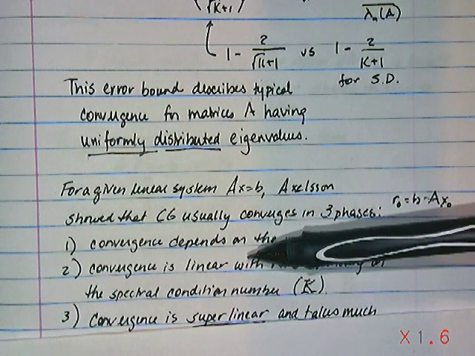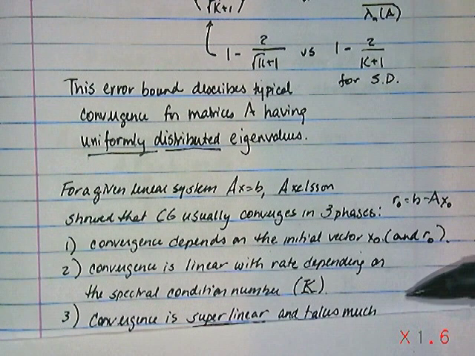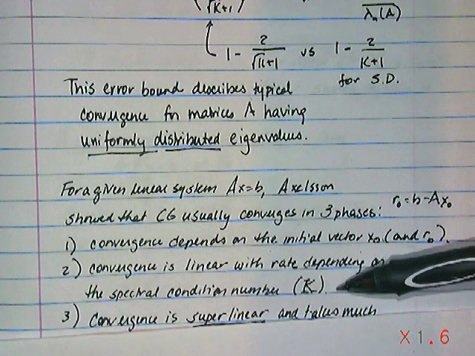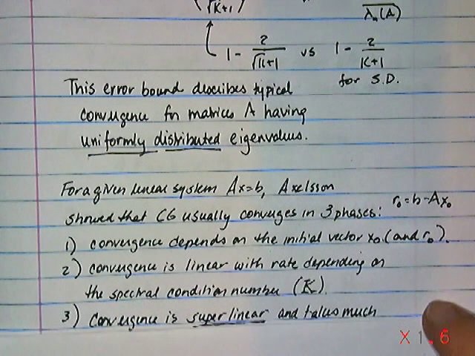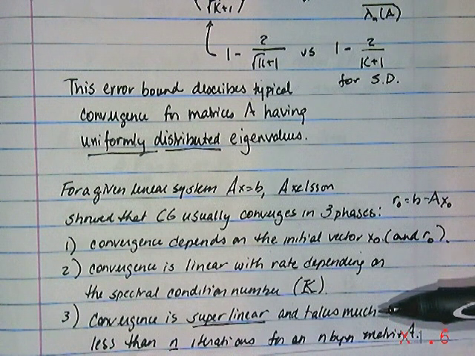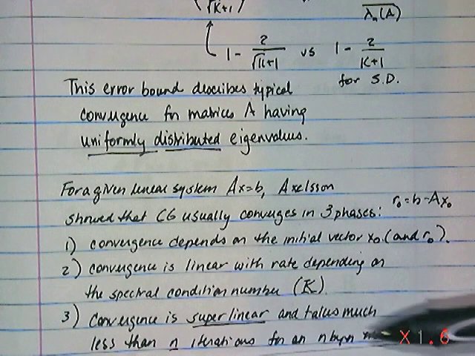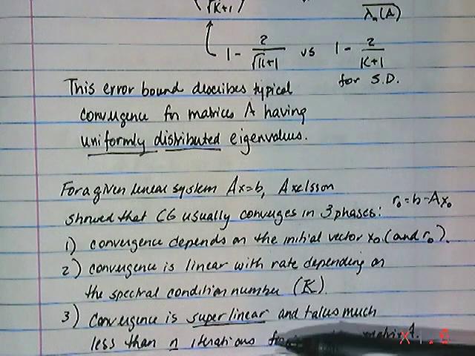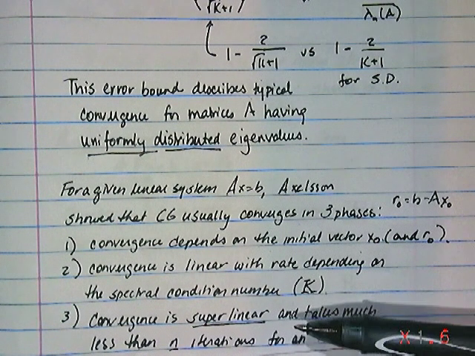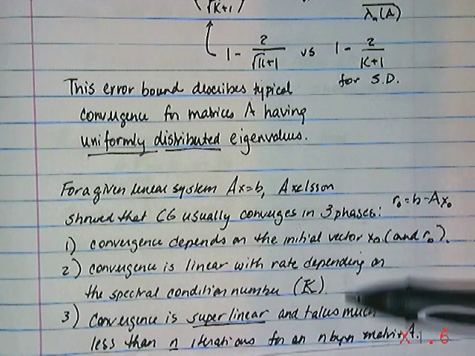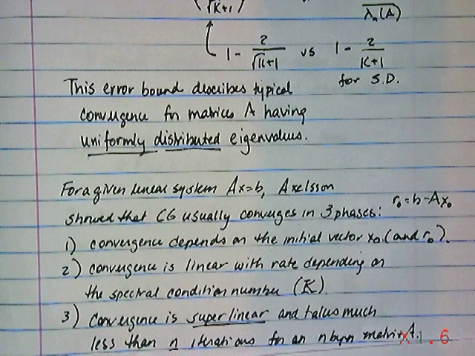Typically, the convergence is linear with the rate depending upon the spectral condition number, capital K. But sometimes the convergence is what's referred to as superlinear, and it takes much less than n iterations for an n by n matrix, say. So sometimes the convergence is exceedingly good, and it has a lot to do with the spectrum of the original matrix. So these are 3 different scenarios that contribute to the convergence of the conjugate gradient method.